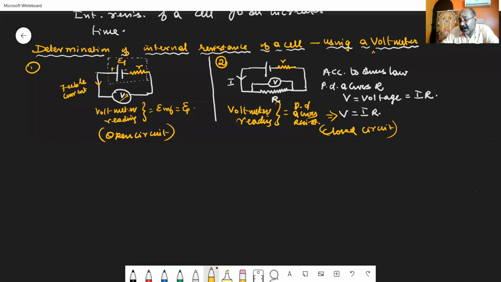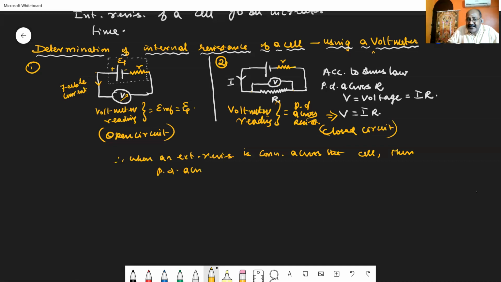Since the resistance R is connected across the battery, an electrical current flows through the resistor; let the current be I. The voltmeter reads the potential difference across the resistor, which by Ohm's law is V equal to I into R. Let us consider this as equation number 1.